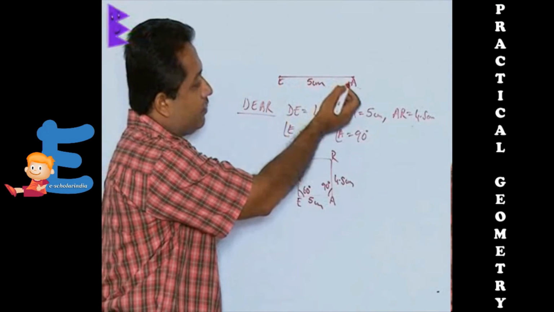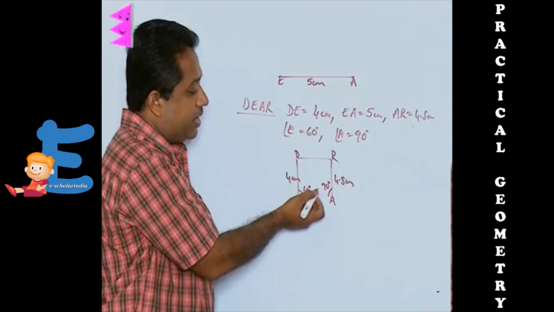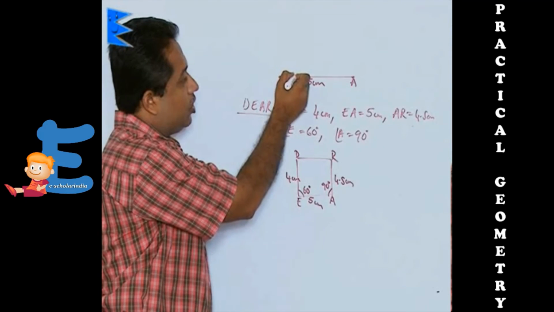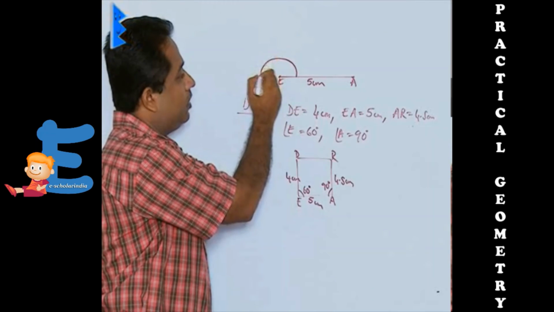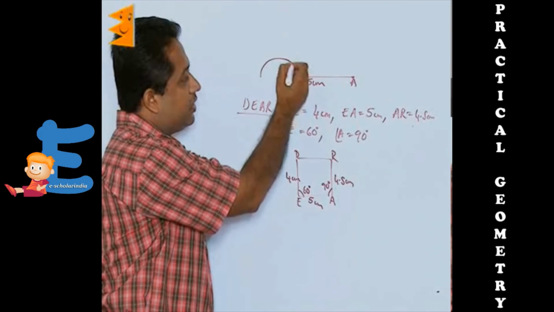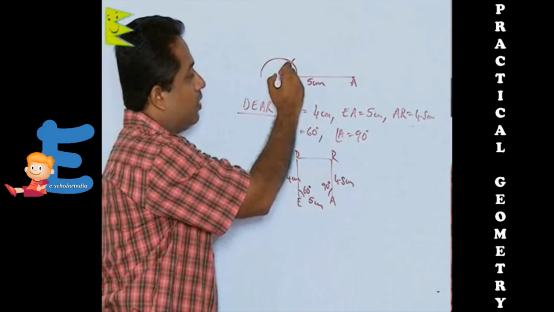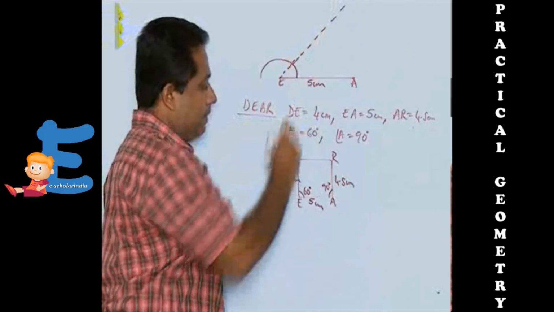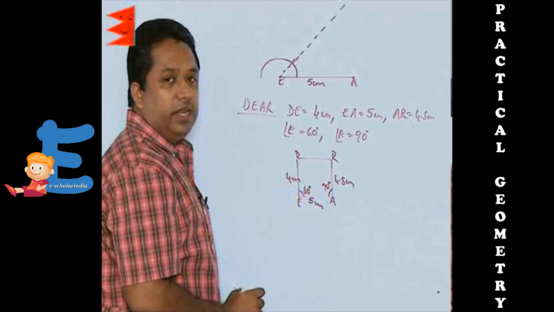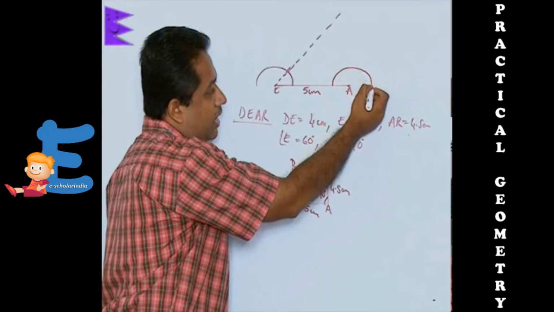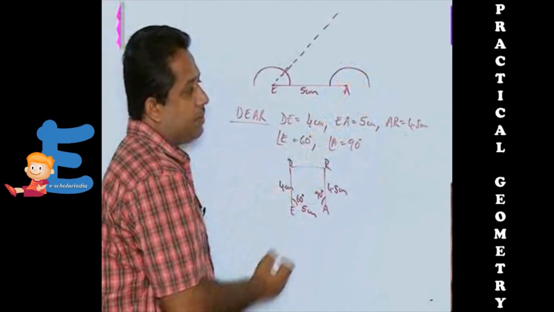If they are multiples of 15 degrees, they have to be constructed using a compass. So keep the compass here, draw an arc. Without changing the radius, the first cut will give us 60 degrees. So extend this line. Now to draw 90 degrees, from A, draw an arc using a compass.